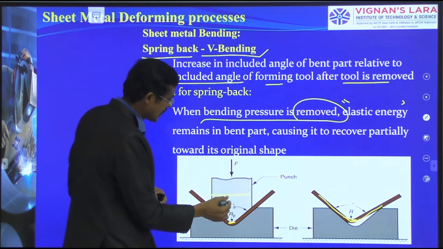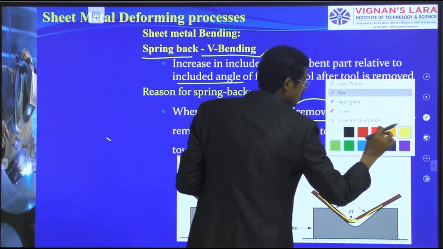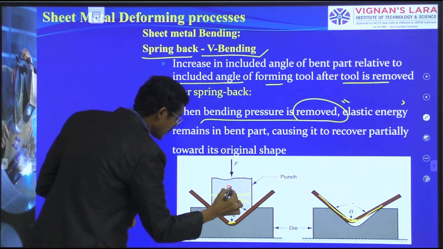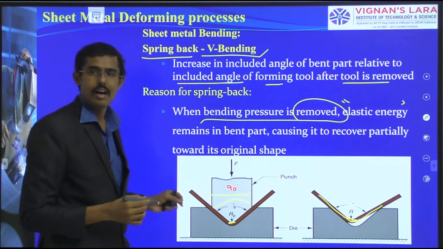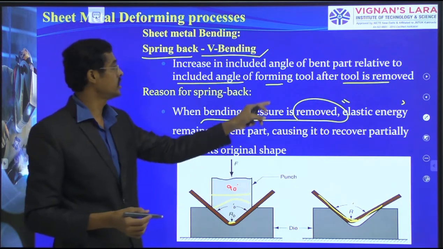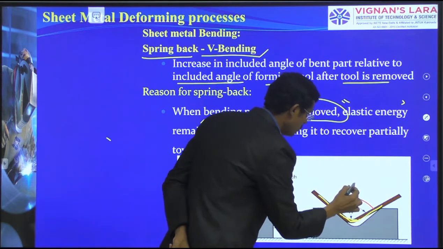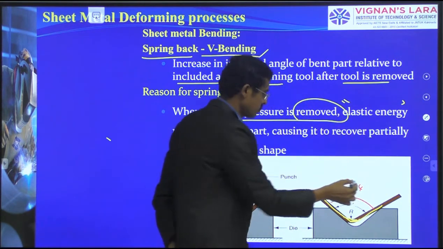So let us consider, if the bending angle here is 90 degrees, after removing, due to the spring back effect, due to this elastic energy, this process will convert it into maybe a 94 degree angle.